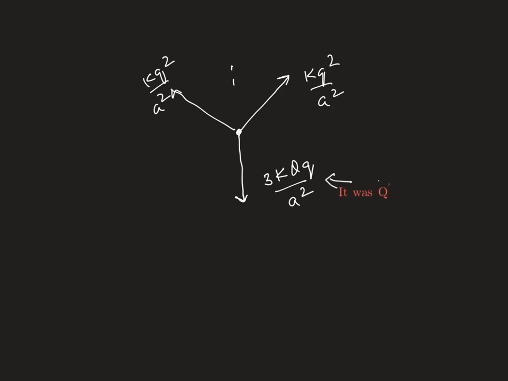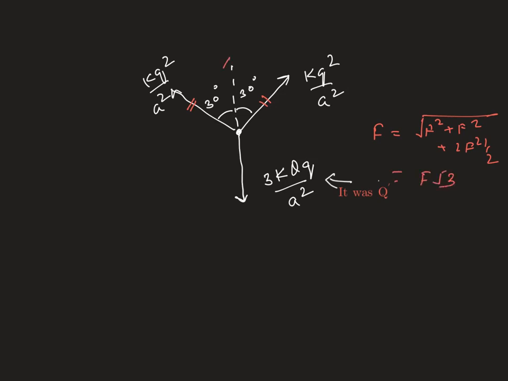And since it was an equilateral triangle, we must remember the angle was 60 degrees. So these two half angles will be 30 degrees each. First we are going to find the resultant of these two forces. How do you find the resultant? You simply apply the parallelogram law, and if the forces are equal, you will get F squared plus 2F squared cos 60, that is half, and that will be simply equal to F root 3.